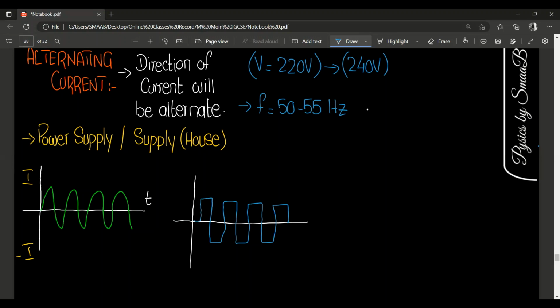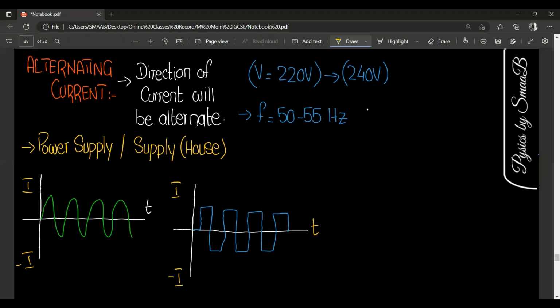But in a square box diagram, it is easy to identify the value of electric current, right? Because there is a fixed value, and that will be much easier for us to calculate the electric current. But that is not compulsory for the time being to calculate the exact value. So we are just going to discuss the graphical representation.